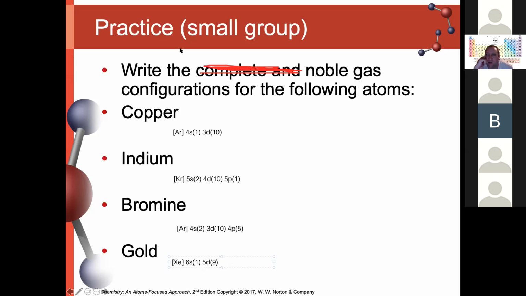You're missing something here for gold. Count up your electrons. Oh, what's in between barium and hafnium?